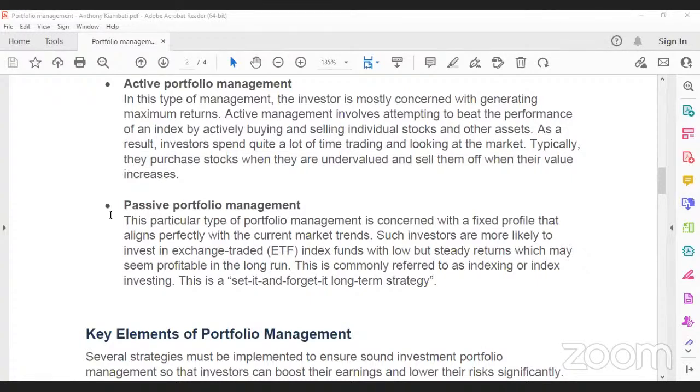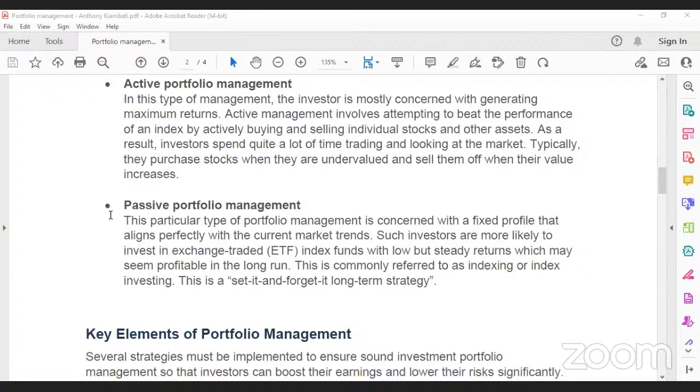The Nasdaq index has had an average return of, I think, 17% annually. On the other hand, the S&P 500 index has had an average return of around 10% annually. A person investing in the S&P 500 is investing in 500 of the largest companies in the US.